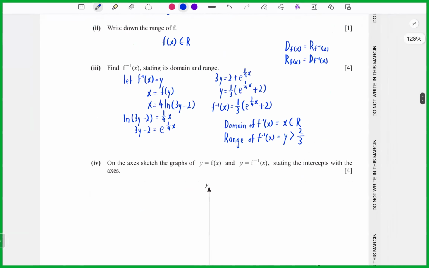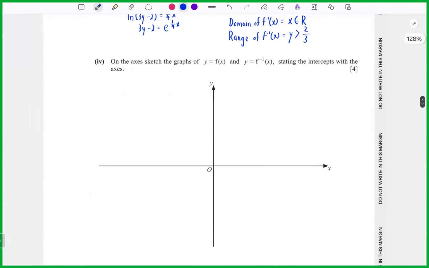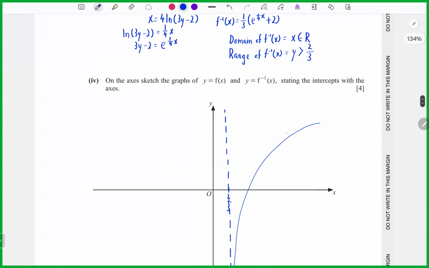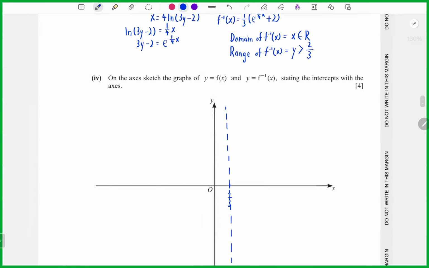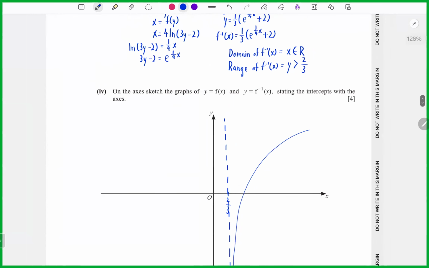Okay, let's try. 2 over 3, right here. Okay, this is your logarithm graph.